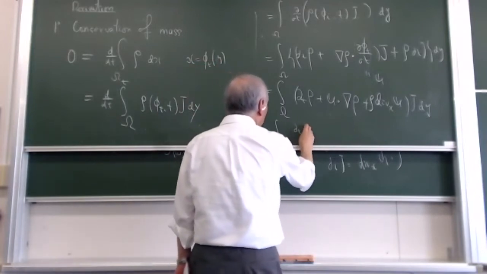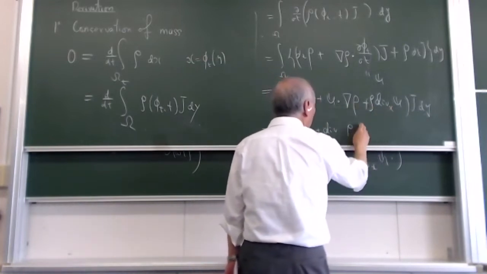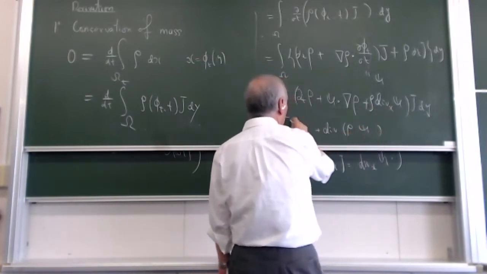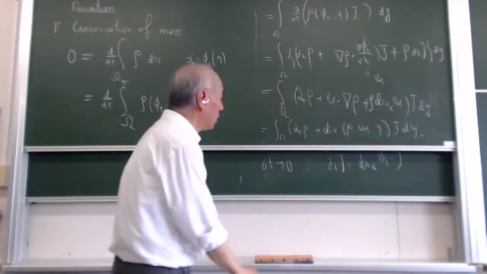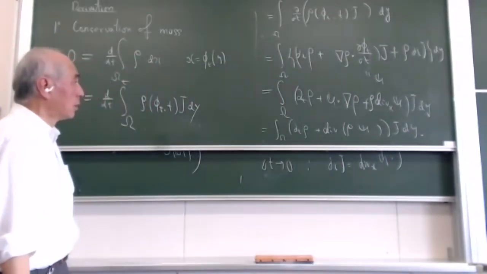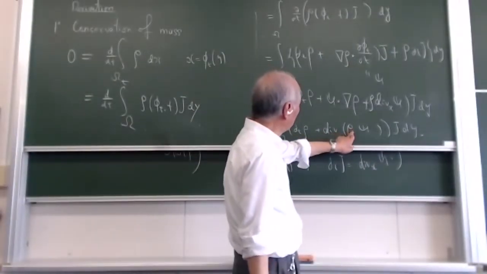By using the definition of divergence, this part you can write as rho u. The divergence is going to come here.